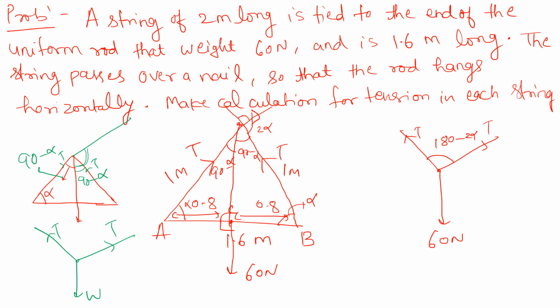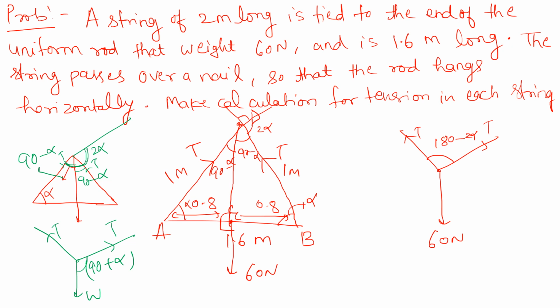So if this is 90 minus alpha, and this is 90 minus alpha, this angle is 180 minus 2 alpha. This angle is 2 alpha, means this angle is 90 plus alpha. Have you understood or not?